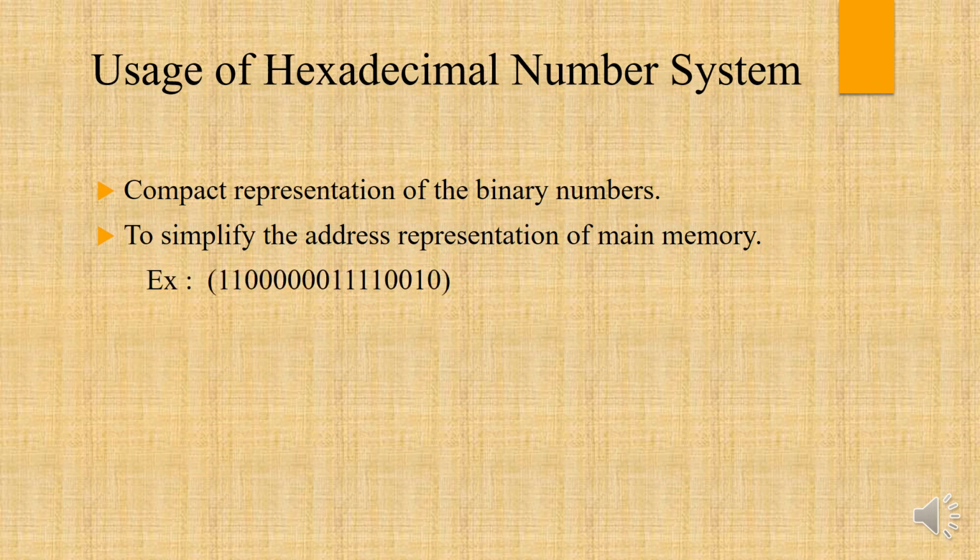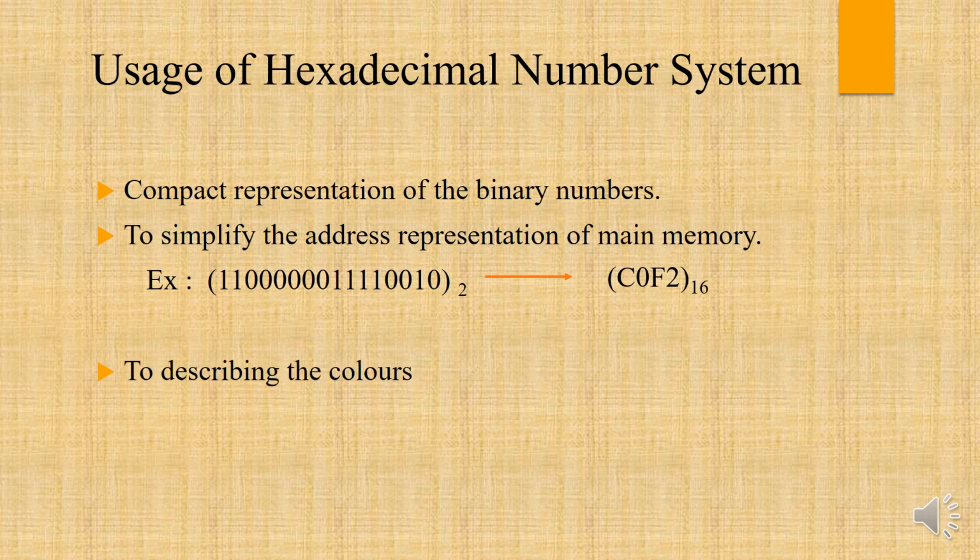Suppose we have a 16-bit memory address, right, which is written in the binary format. If we deal with the memory addresses in the binary format, then it would be a very tedious task. So what we will do, we will map this particular binary number, which is a memory address, into the equivalent hexadecimal number system, right? Then it would be easier to work upon, right?